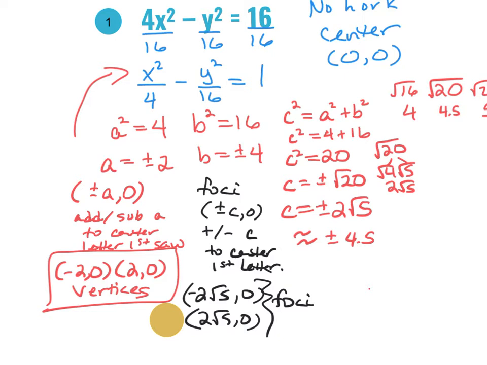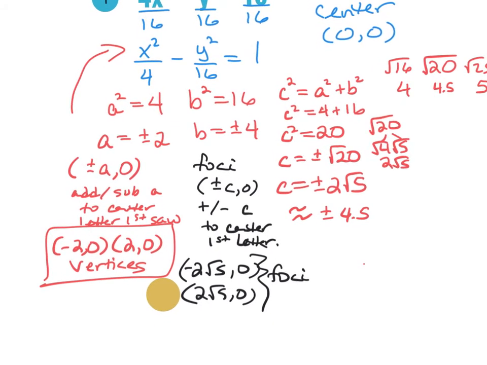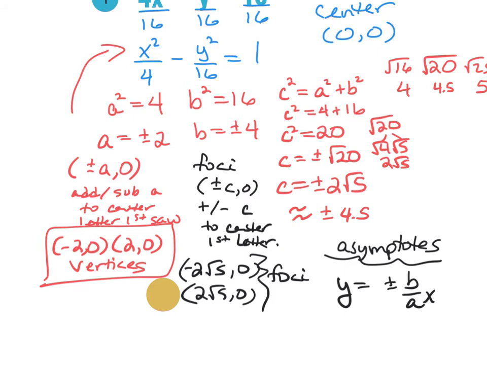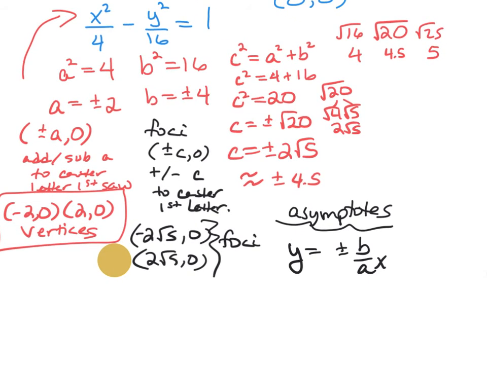Next, it wants me to find the asymptotes. For the asymptotes, you're memorizing that the equation you're using when you see x squared first is y equals plus and minus b over a x. This is the one when x squared is first.